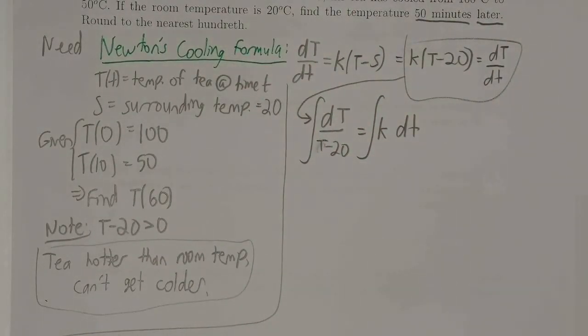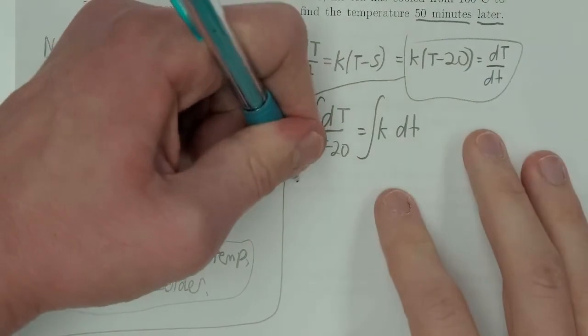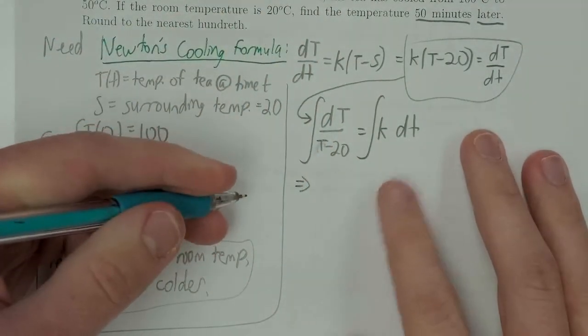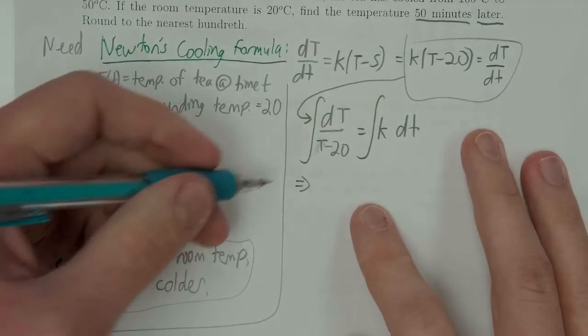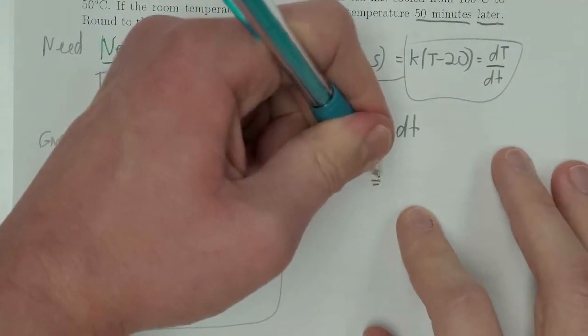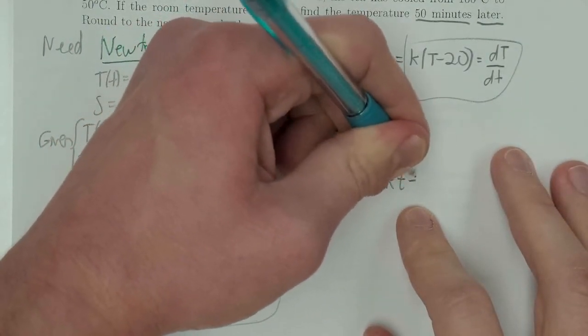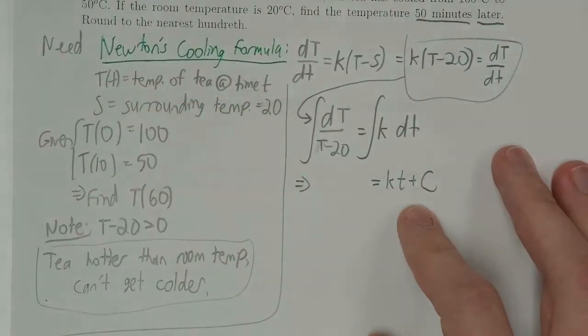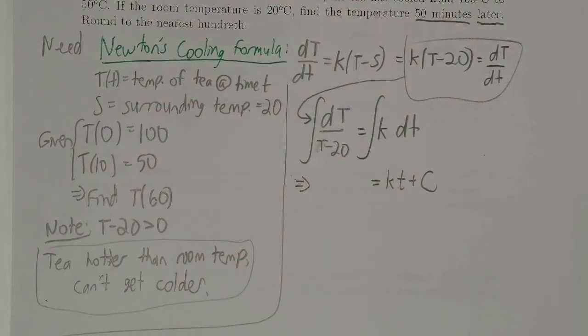Okay. So now if we integrate both sides, well, the right-hand side you should be able to see pretty quickly is just kt plus c. But then what about the left-hand side? What is the left-hand side going to be?